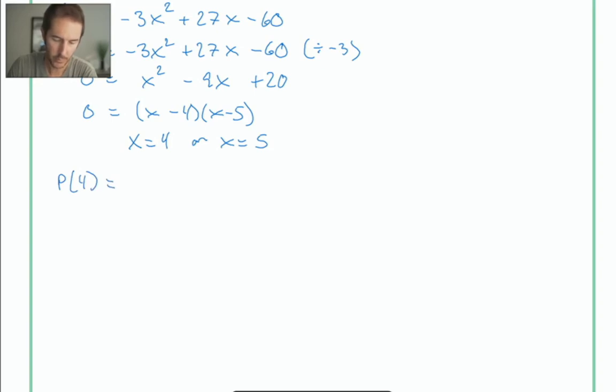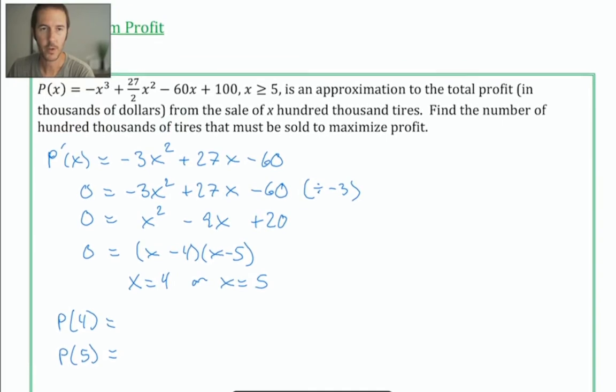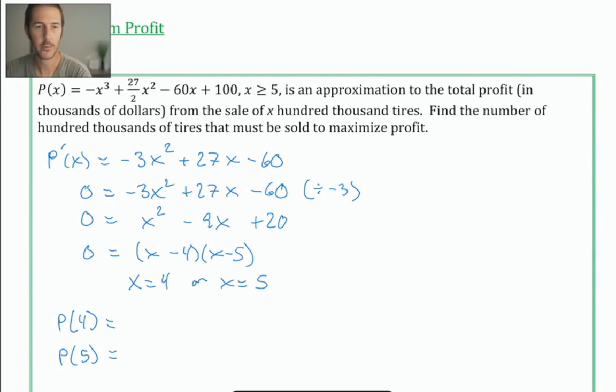P of 4 equals, P of 5 equals. I'm going to pause real quick and drop these two values into a calculator so that you don't have to see me write all this out longhand. The next time I see you, two numbers are going to appear next to those equal signs with the corresponding y values for selling 400,000 and 500,000 tires. That's a lot of profit, I hope.